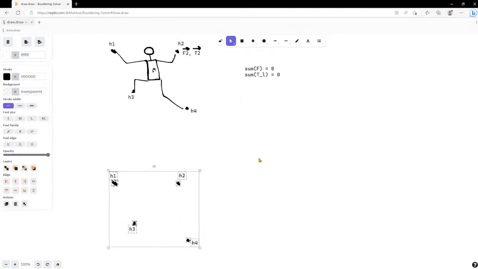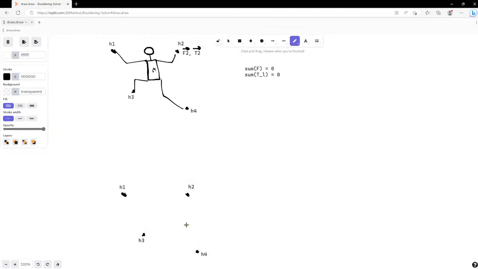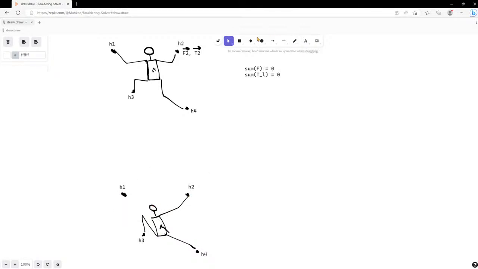Given a particular set of holds, there's more than one way that you could be positioned on it, right? Maybe you could be like this. Well, you get the idea. This is maybe not a comfortable position to be in, but I guess I could draw this arm a little better.